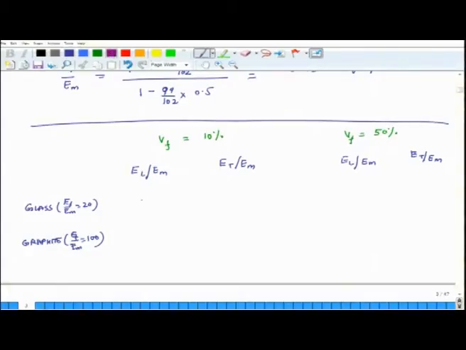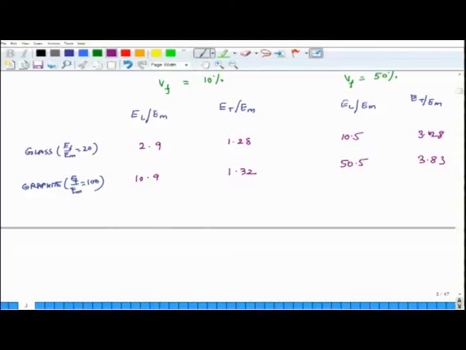El over Em is 2.9, this ratio is 1.28, next one is 10.5, third one is 3.28, then we have 10.9, 1.32, 50.5 and 3.83. So, this is the overall summary.